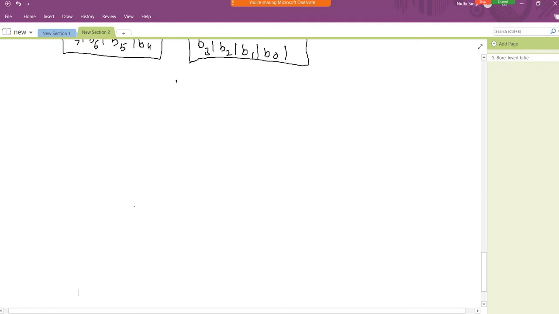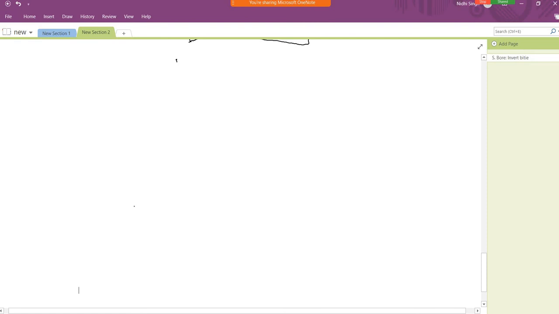Now another topic, that is called the product cipher. So what is the product cipher?